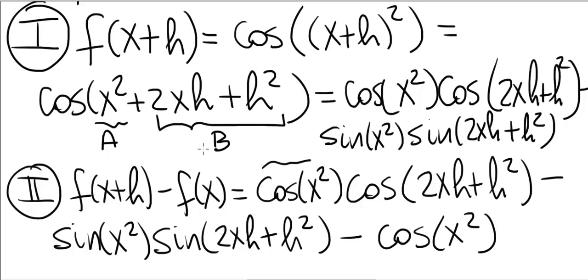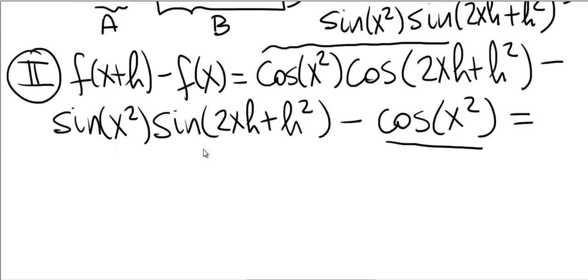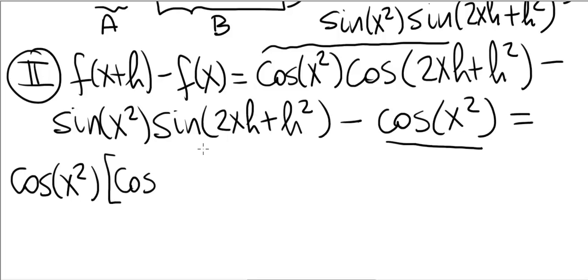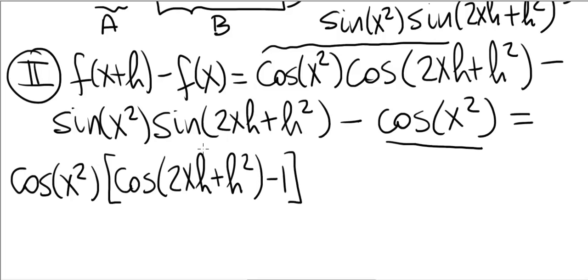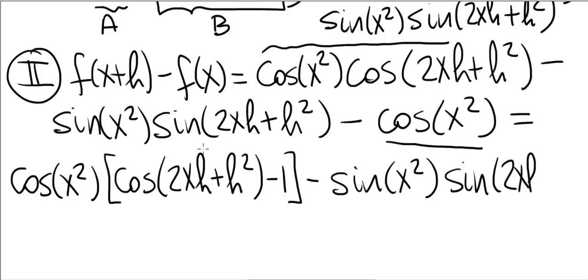Notice that this first term and this term have cosine of x squared in common, so we'll go ahead and factor that out before moving on to step 3. So this gives us cosine of x squared times cosine of 2xh plus h squared minus 1, and then minus sine of x squared times sine of 2xh plus h squared.